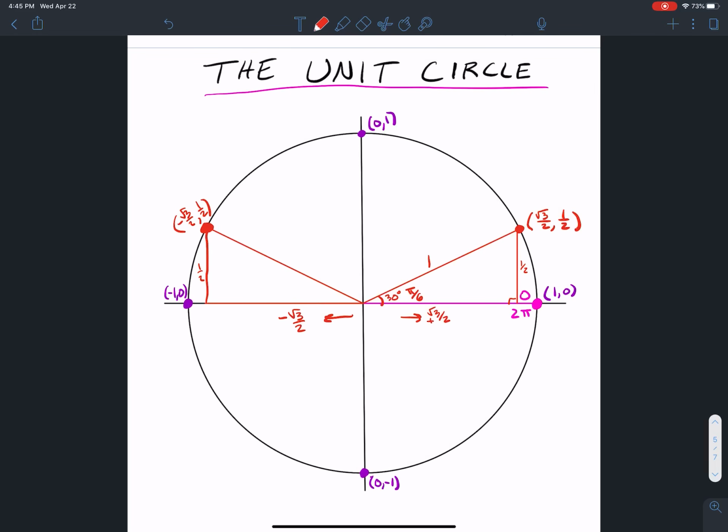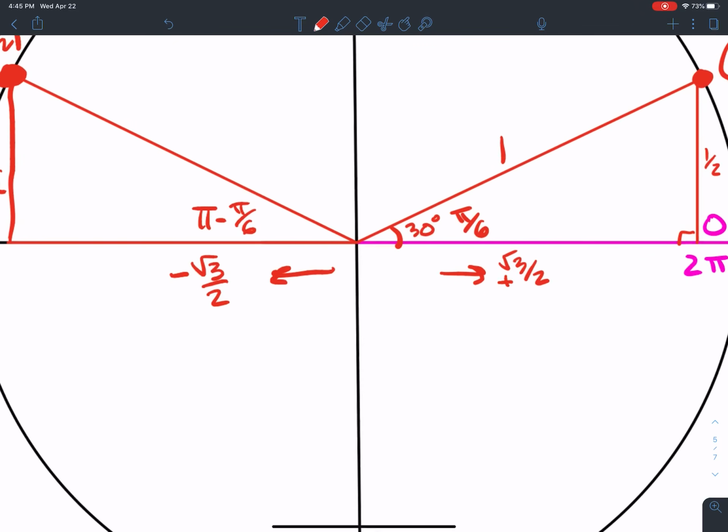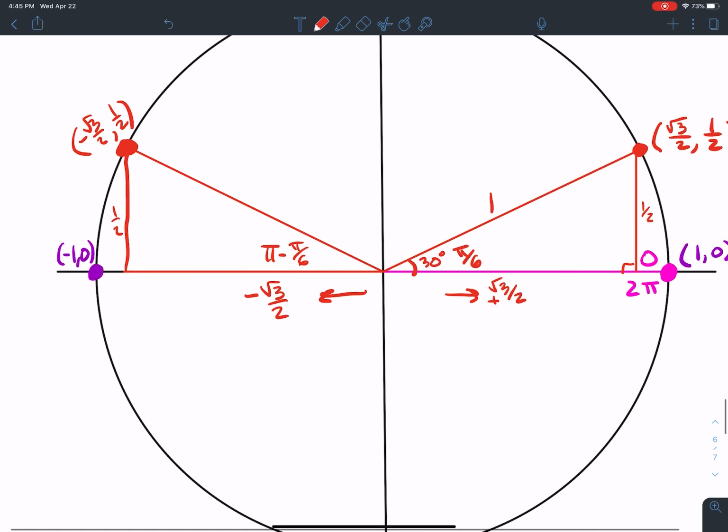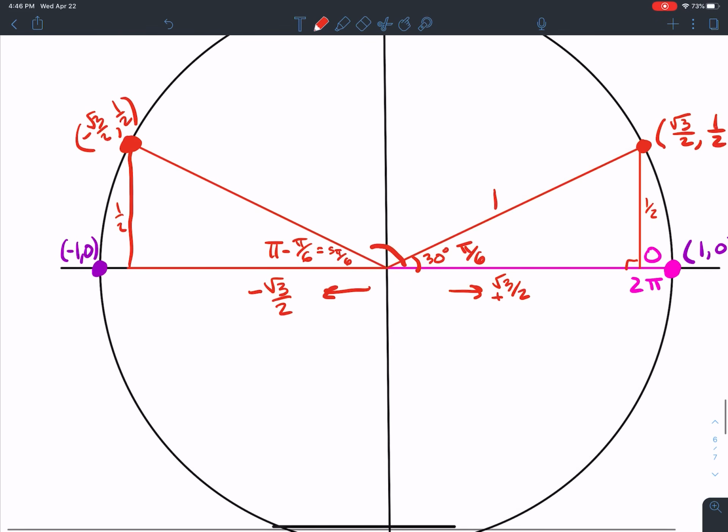So that angle is equal to pi minus pi over 6. Well, what is that equal to? That's equal to 5 pi over 6. Okay? So this angle here is 5 pi over 6 here. All right?